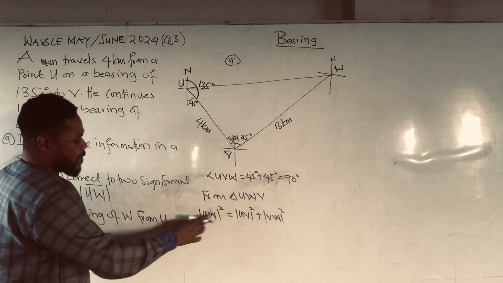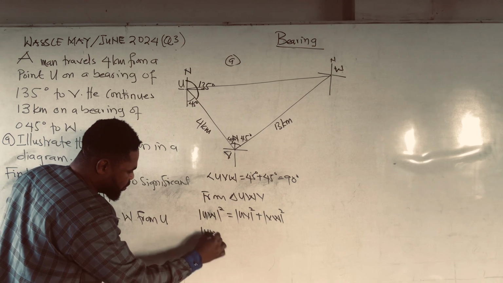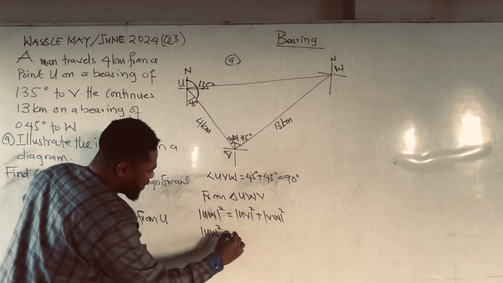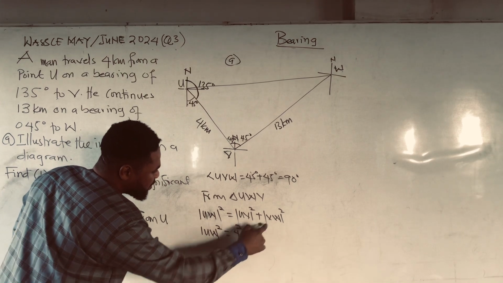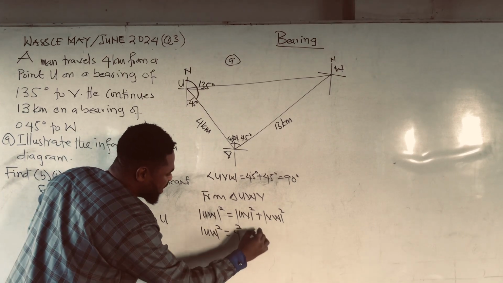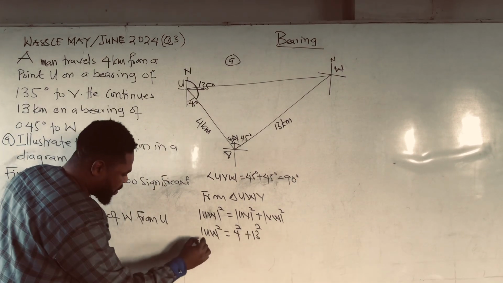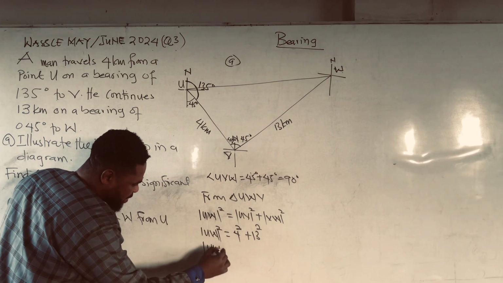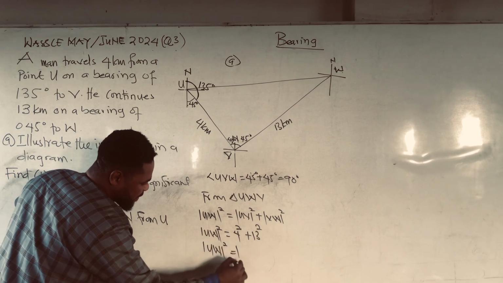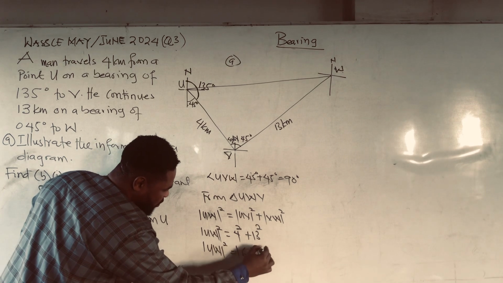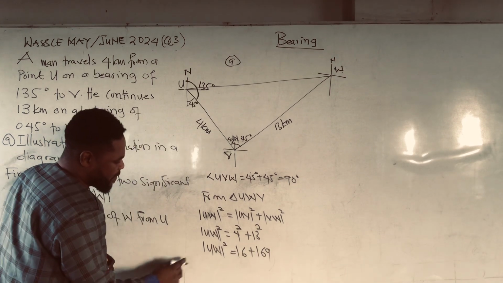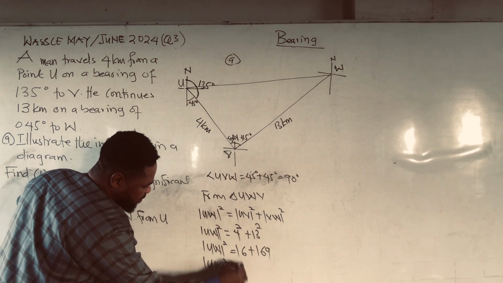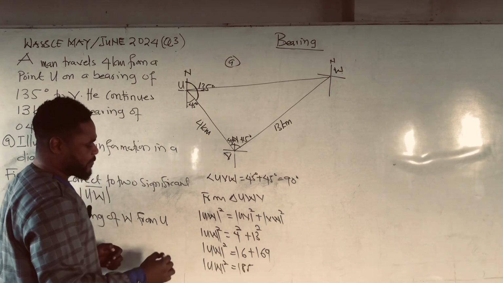We are looking for UW. UV is 4, so we have 4 squared. VW is 13, we have 13 squared, nicely. So we have UW squared equals 16 plus 169. Therefore, our UW squared is going to be 185.